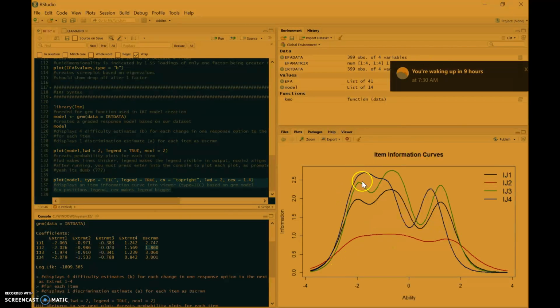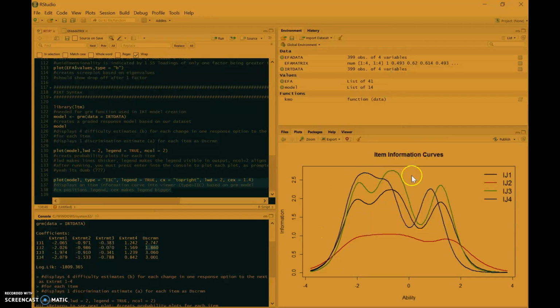Peaks, and then so you have a peak in item 1, and then a peak in item 3, and then a peak in item 1, and a peak in item 3. So they kind of work together somewhat well. That's just kind of neat to see. But the interesting and easily interpretable thing I thought was coming out of this was comparing IJ3.